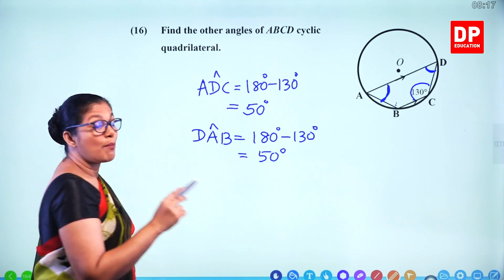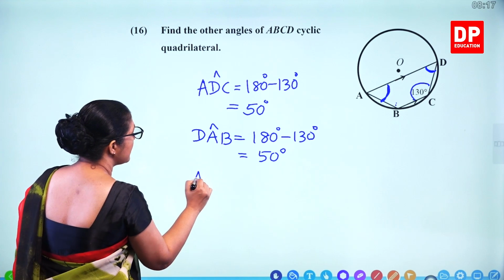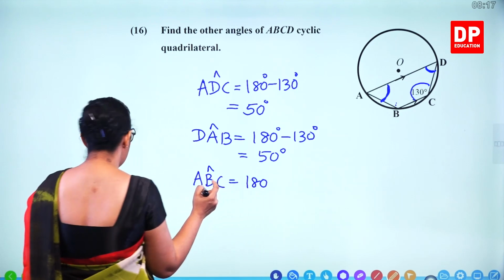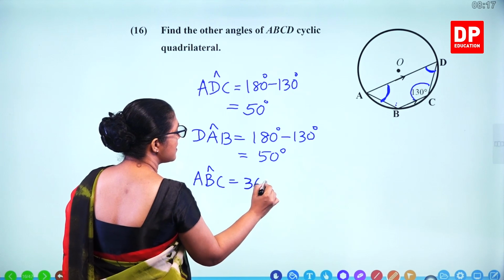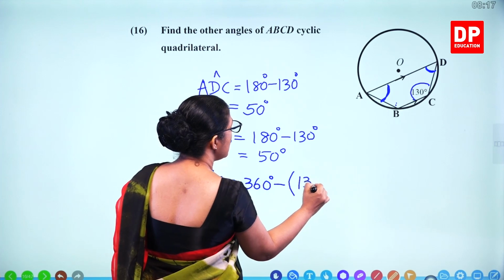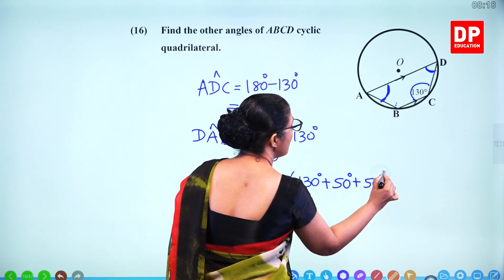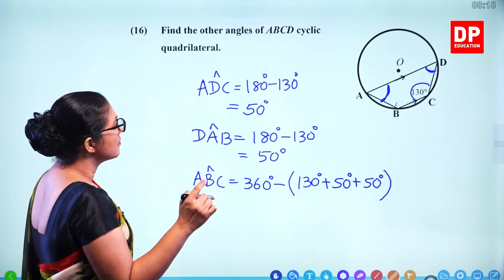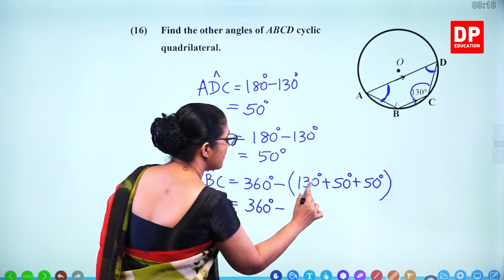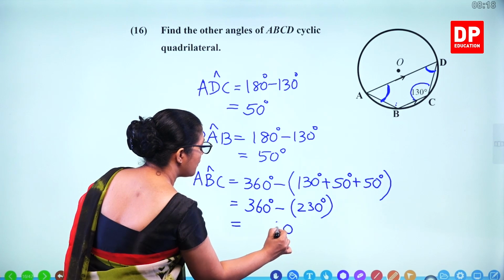So what's that? The sum of angles of a quadrilateral is 360. So angle ABC, 180 minus, not 180, 360. 360 minus sum of the other angles, 130, 50 and 50. 360 minus 230.